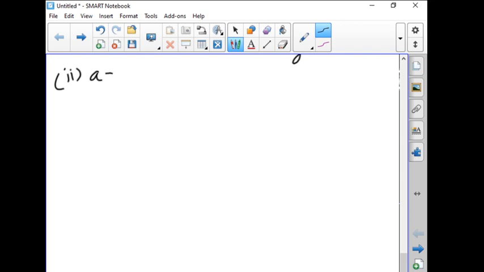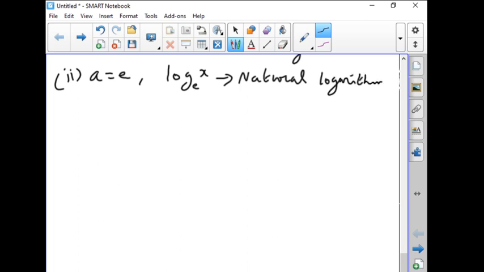Second, when the base is e, that is log x to the base e, it is called the natural logarithm and it is denoted by ln x. We read it as ln x.